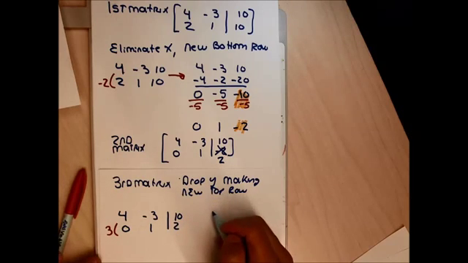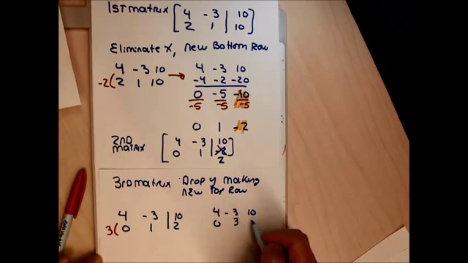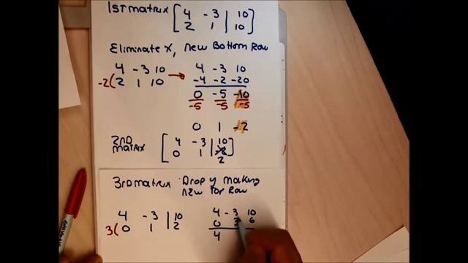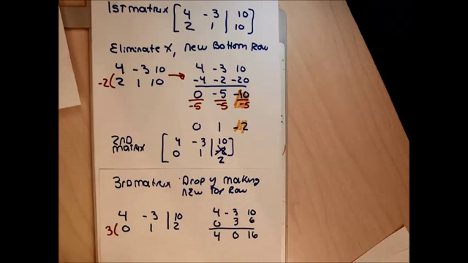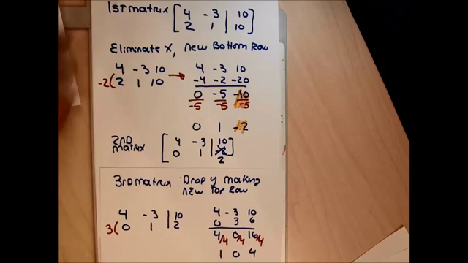I'm going to leave this 4, negative 3, and 10. I'm going to go 3 times 0 is 0, 3 times 1 is 3, 3 times 2 is 6. I'm going to add these. 4 plus 0 is 4, negative 3 plus 3 is 0, 10 plus 6 is 16. I'm going to divide by 4. I'm going to get 1, 0, and 4. That's the top row of my final matrix.